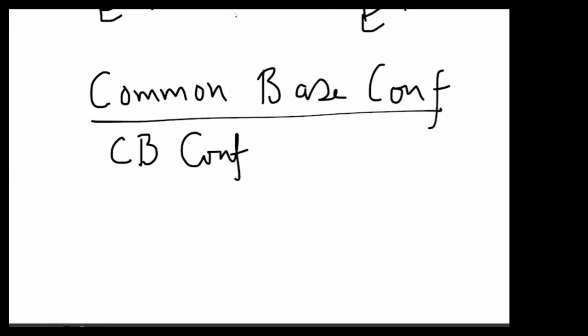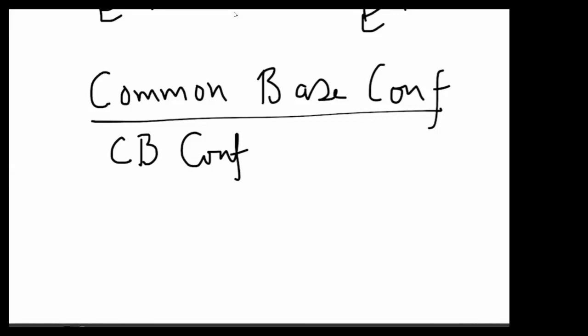So in common base configuration, the base is common between the input as well as the output. So the input circuit has the base and emitter circuit, and the output has the base collector junction.